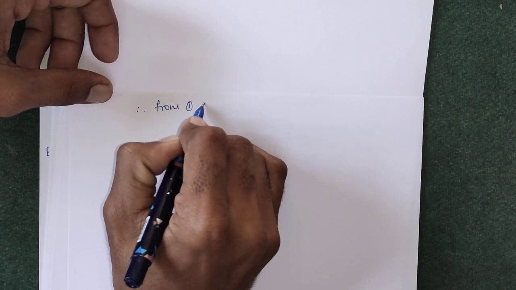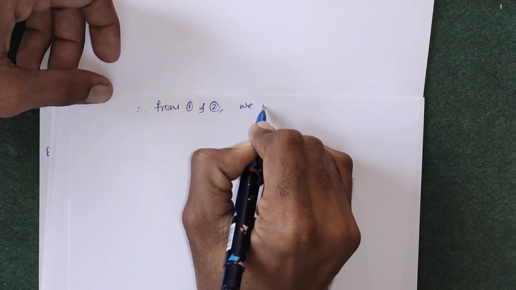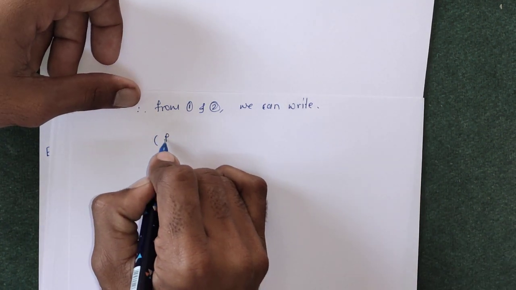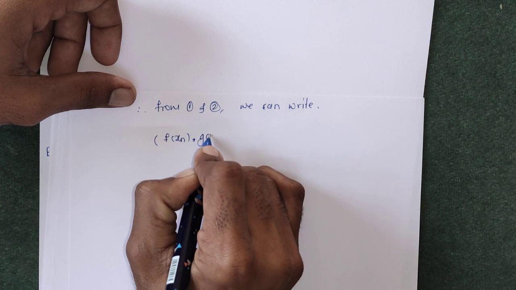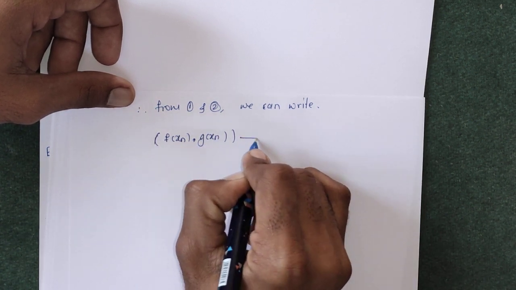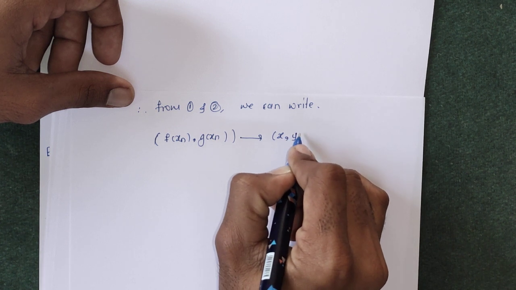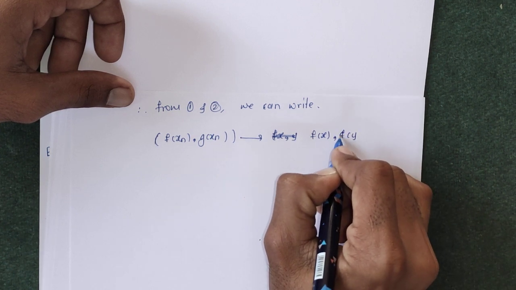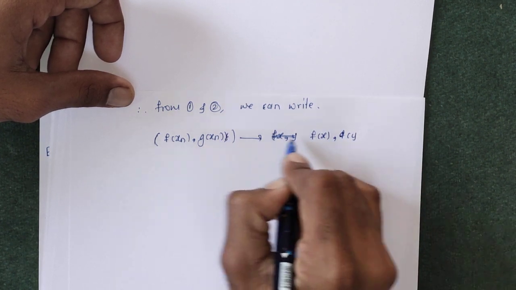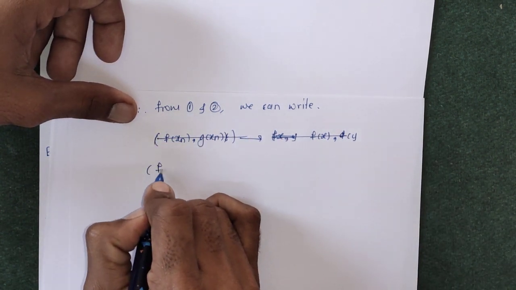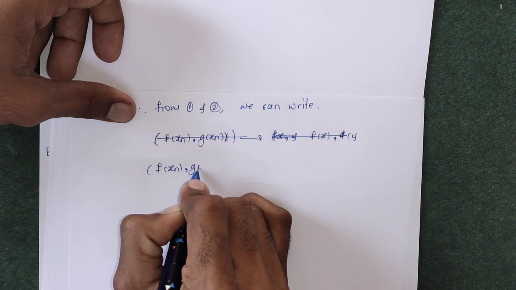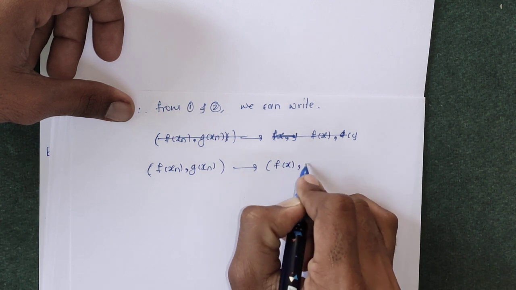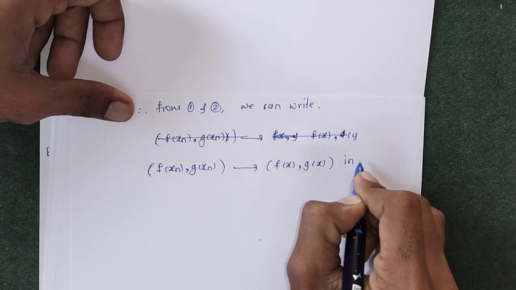therefore from 1 and 2 we can write the ordered pair (f of xn, g of xn) converges to (f of x, g of x) in R square.